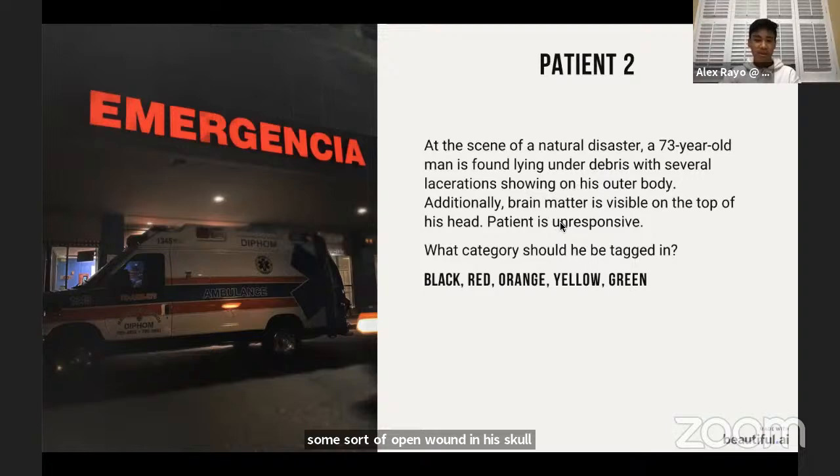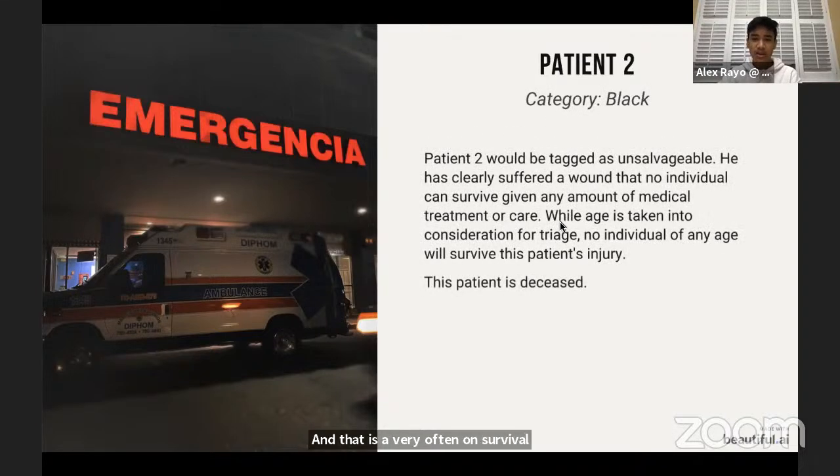That is very often an unsurvivable wound. And this is important to note. The man was 73 years old and age is taken into consideration for triage, but in this case, no individual of any age can survive this open head wound.